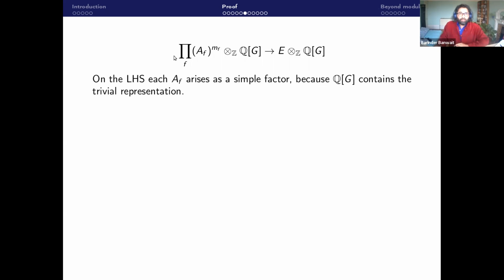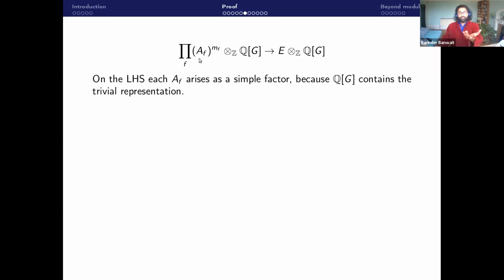Now, let's consider the left-hand side here. Each of these A_f, these abelian varieties associated to the newform f, each of these over Q arises as a simple factor of this. That's just because the regular representation contains a copy of each of the irreducible representations, in particular the trivial representation.